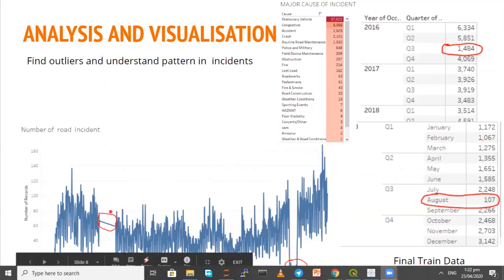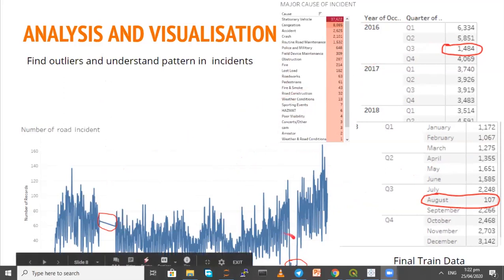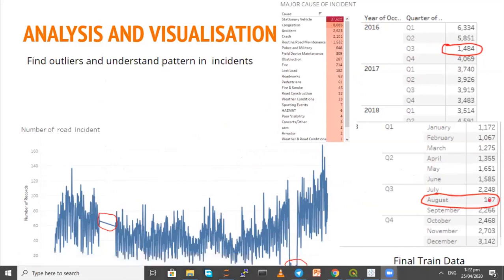We observed that in 2016, it seemed there was a particular month where data was not recorded, and that was in Q3. We also saw that in August 2018, we had fewer records of data, and this is it here. This is 107 in August.